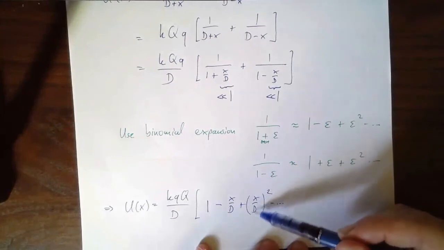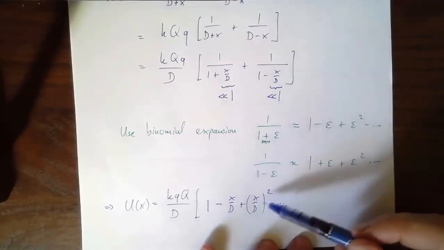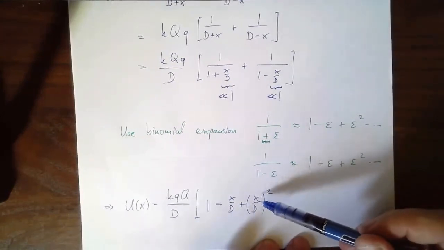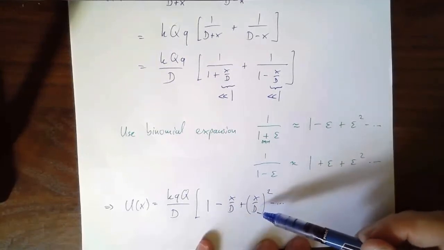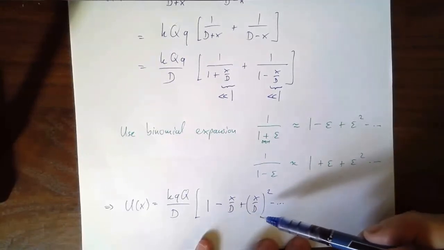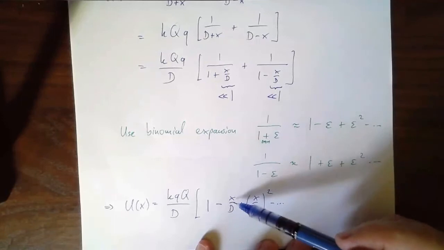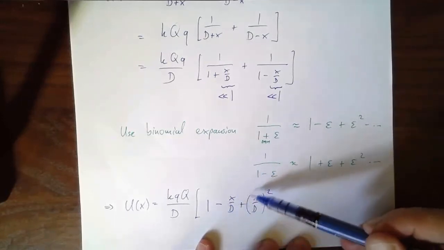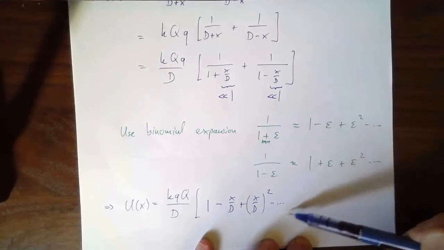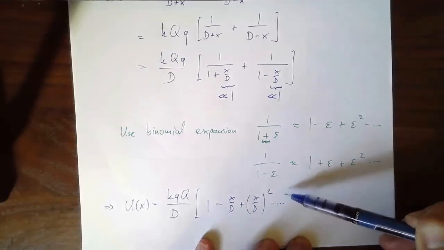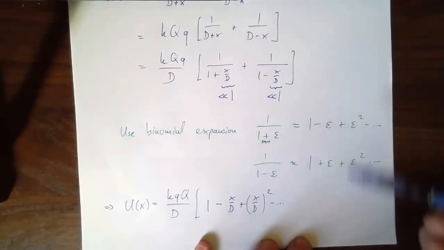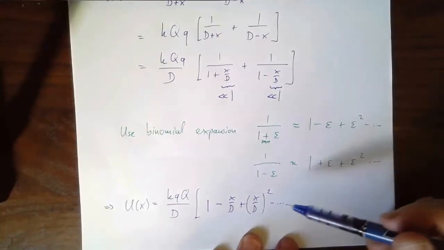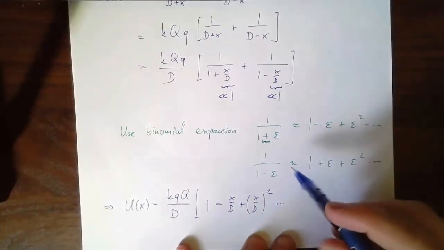Every time I multiply by x over d, it's going to get a lot smaller because x over d is much smaller than 1. Make sure that makes sense to you. If x over d is 0.1, this is going to be 0.1, then 0.01. The next term for a more accurate approximation would be 0.001. But maybe I don't care about being that exact.